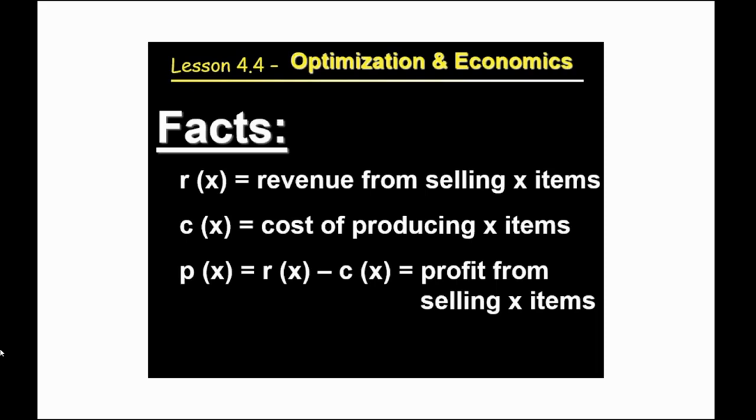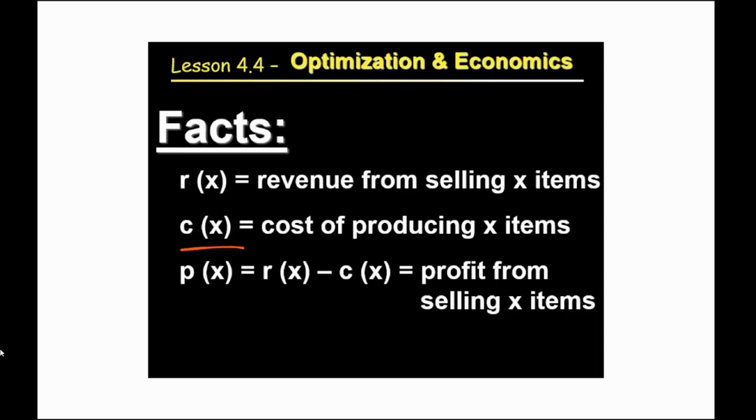If you think about it, revenue is just the money that you make when you sell stuff. If you're selling lemonade, people hand you $1 for every cup of lemonade. That's your revenue. The cost of your lemonade, I mean, you had to buy the cups, you had to buy the lemonade mix.